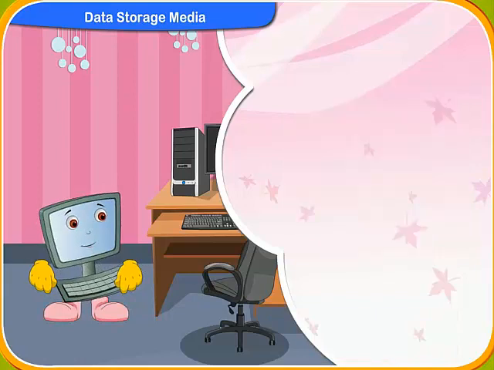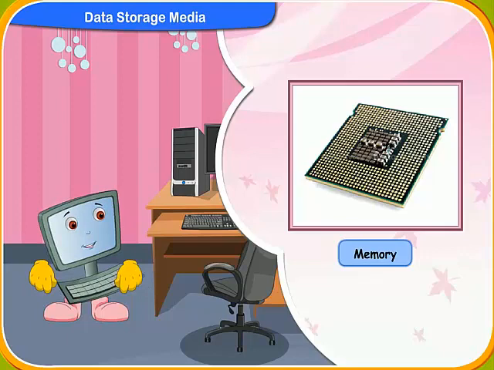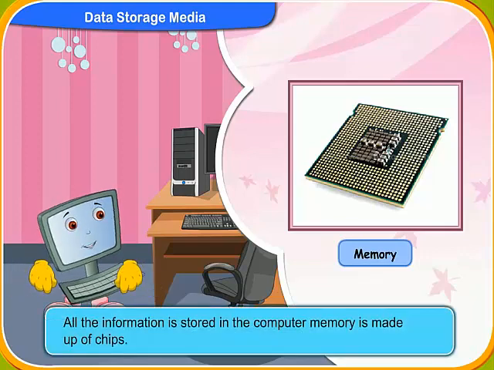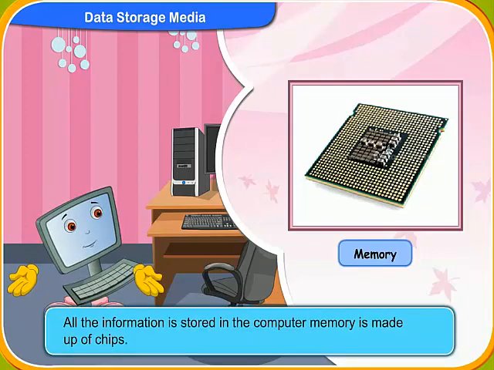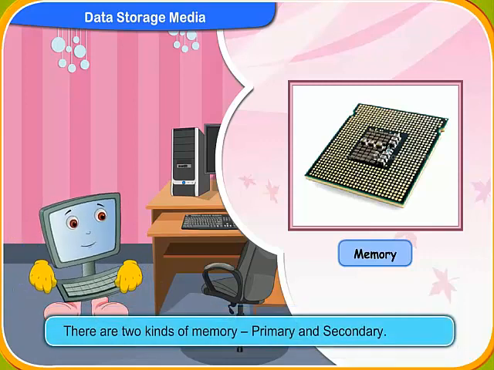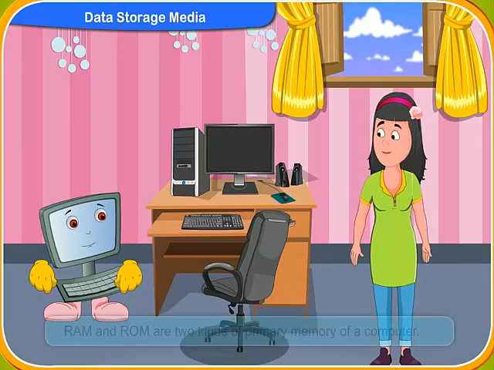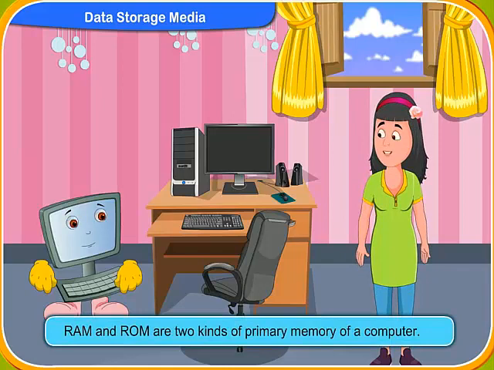Let us now look at the memory of a computer. As you already know by now, the computer stores all the work done on it. All the information stored in the computer memory is made up of chips. There are 2 kinds of memory, primary and secondary. Yes, I know. RAM and ROM are 2 kinds of primary memory of a computer.